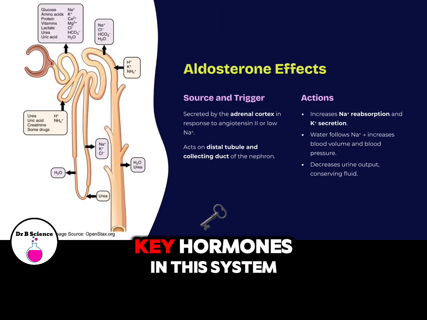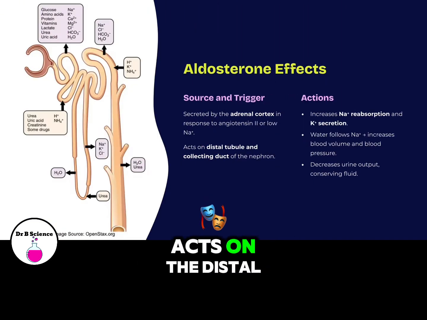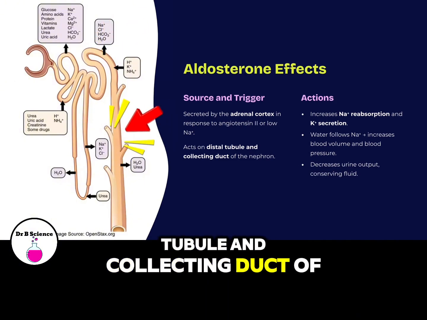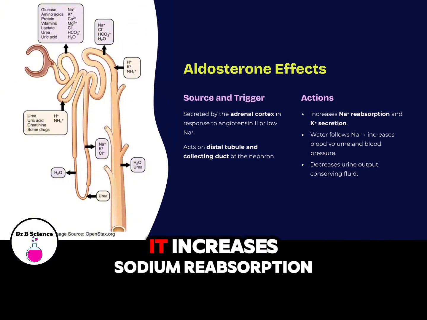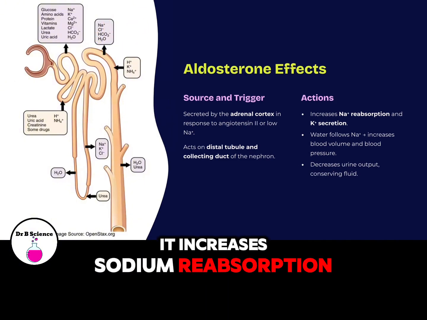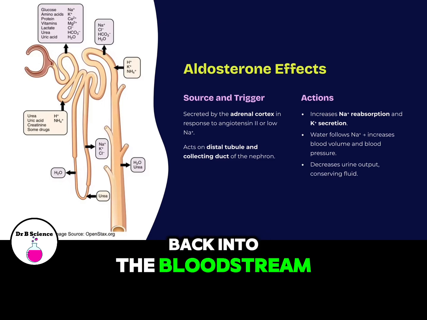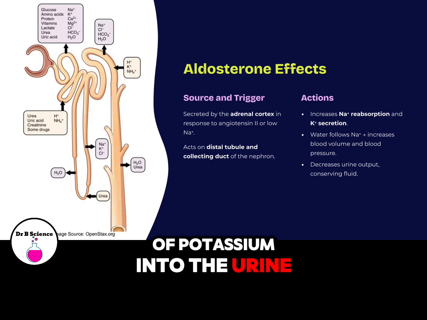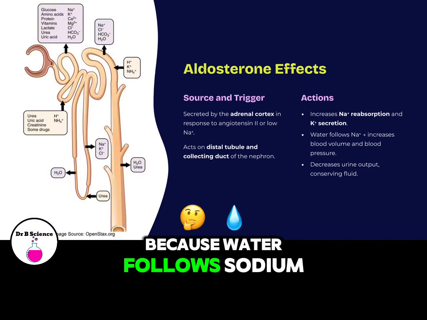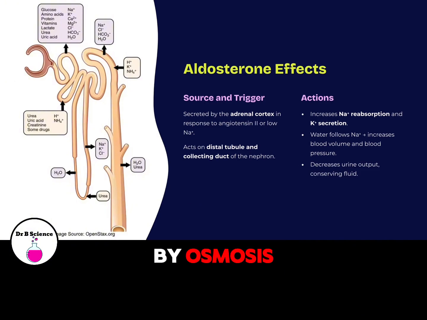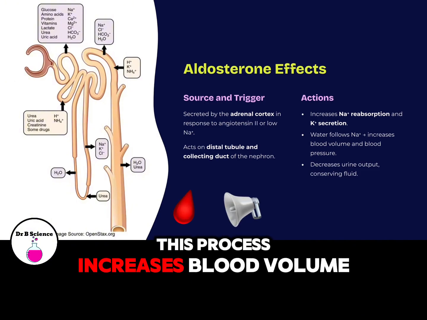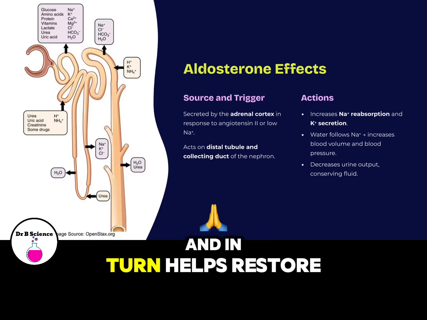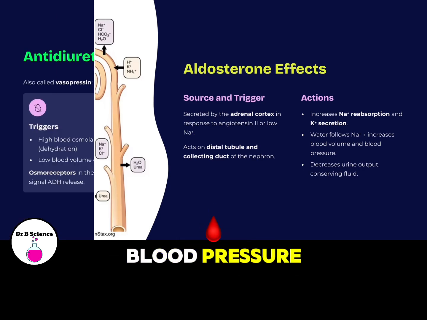Aldosterone, one of the key hormones in this system, acts on the distal tubule and collecting duct of the nephron. It increases sodium reabsorption back into the bloodstream and promotes the secretion of potassium into the urine. Because water follows sodium by osmosis, this process increases blood volume and in turn helps restore blood pressure.